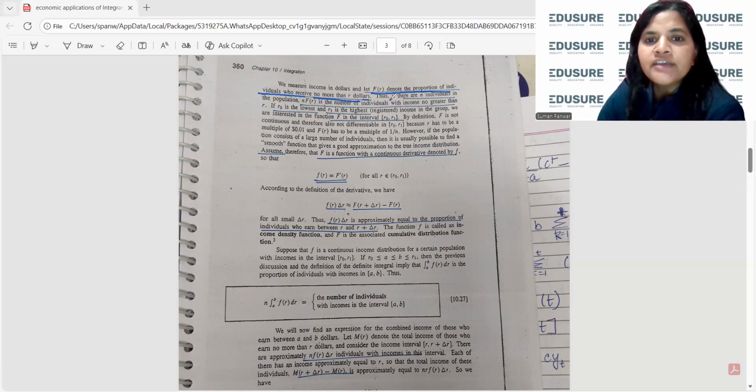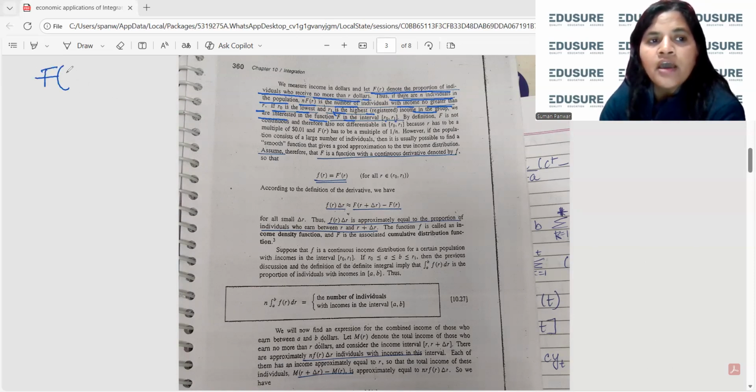Thus, if there are n individuals in the population, nF(r) is the number of individuals with income no greater than r. So r0 is the lowest and r1 is the highest income in the group. We are interested in the function F in the interval [r0, r1].